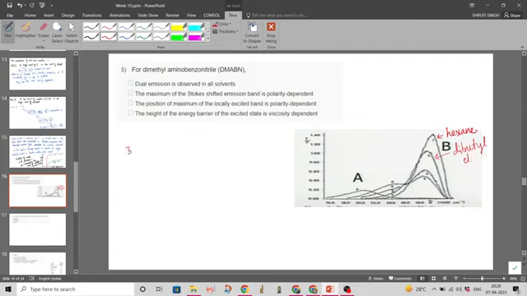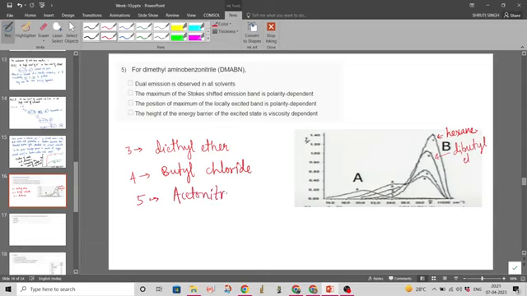The third one is for diethyl ether. The fourth one is for butyl chloride. And the fifth one is acetonitrile.